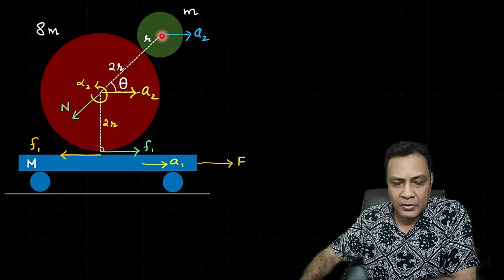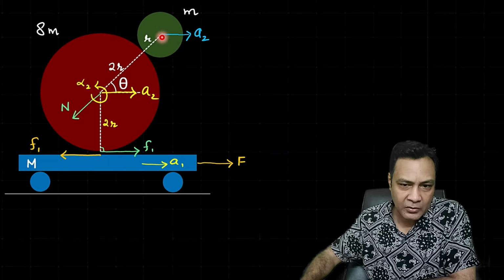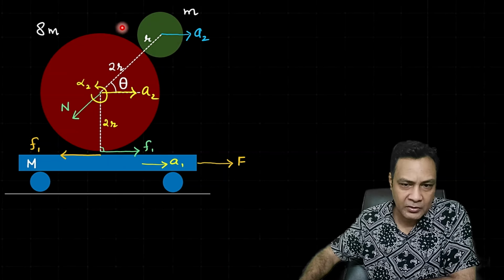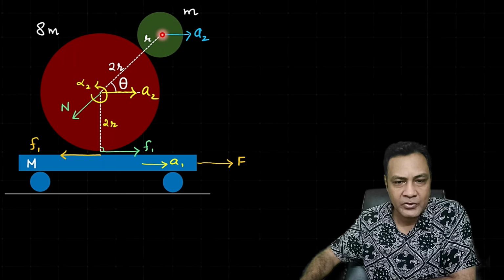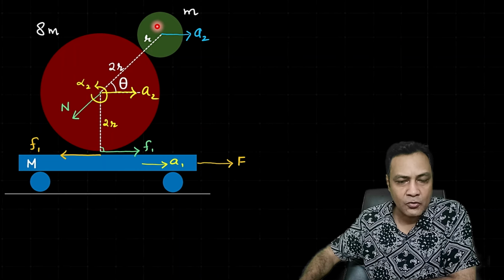And with respect to the center of this sphere, there should also be the same acceleration in this direction. Only then there will not be any slipping. So it requires that if with respect to the center of the smaller sphere this point has an acceleration along this direction, it means there should be an angular acceleration like this.